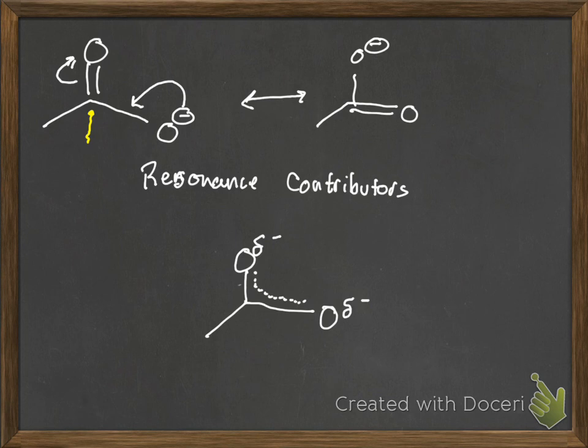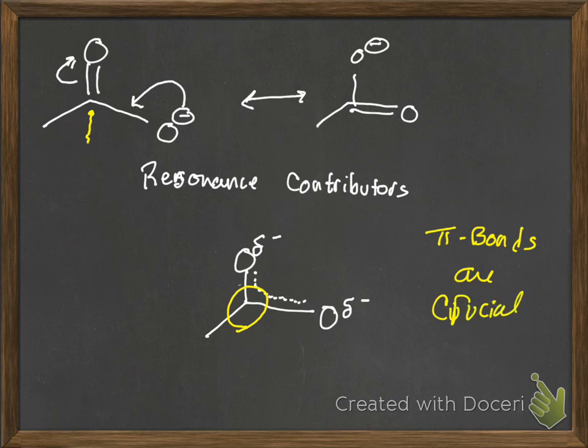So what this is telling you is that the negative charge from that deprotonation of your conjugate base is spread over both of those oxygen atoms. I rush to point out that at no time does this carbon bear any kind of charge. This is all done through negative charges and pi bonds. Pi bonds are crucial to resonance.